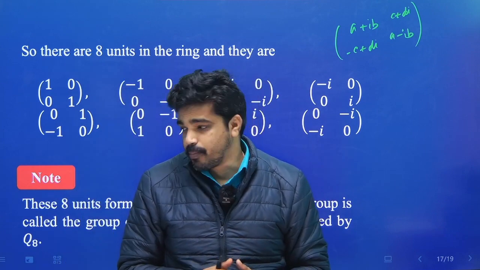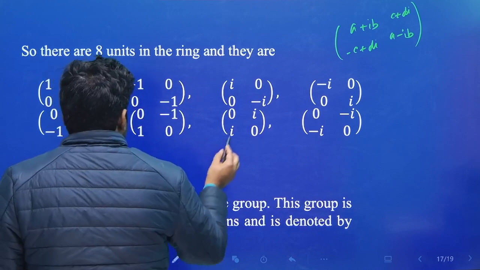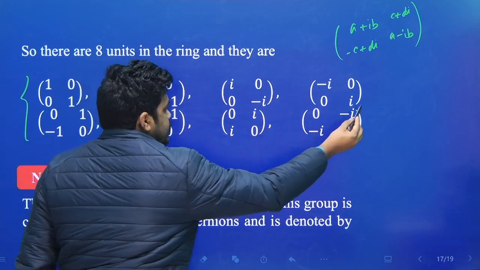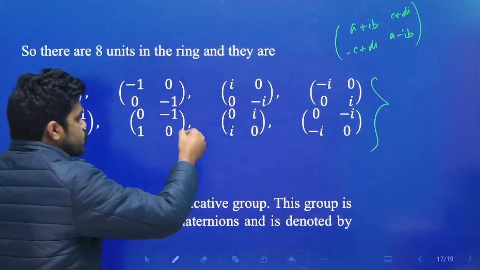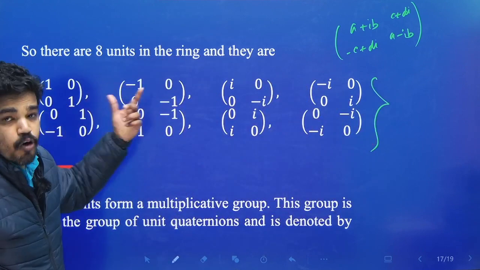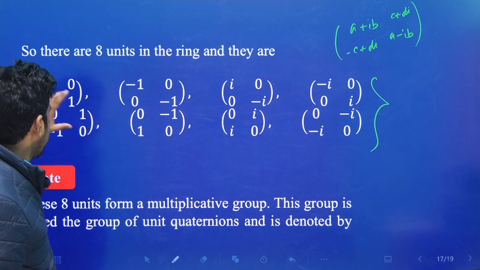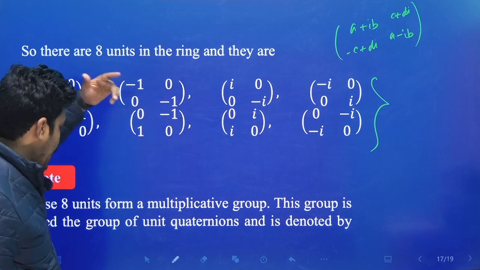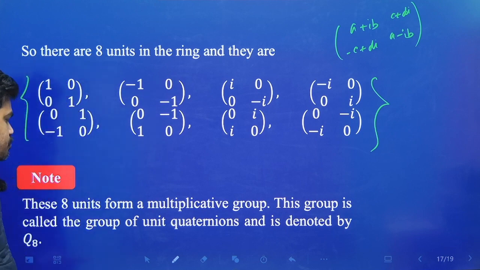এই যে ম্যাট্রিক্সগুলো পাচ্ছ, এই ম্যাট্রিক্সগুলো কি হবে? গ্রুপ ফর্ম করে, মাল্টিপ্লিকেটিভ গ্রুপ ফর্ম করে। This 8 units form a multiplicative group and this group is called unit quaternions.